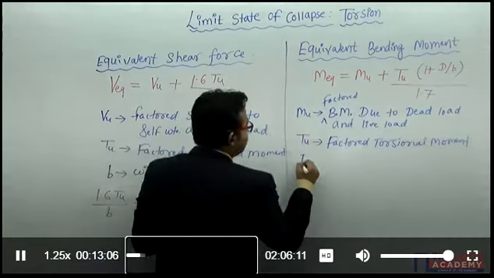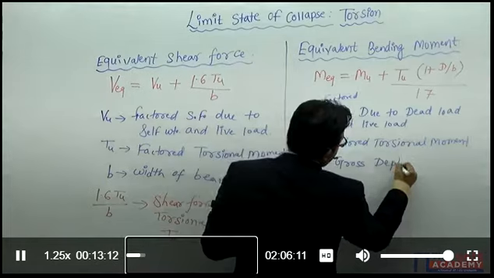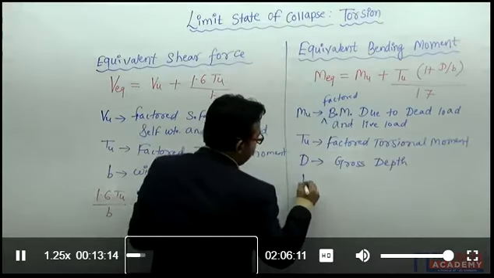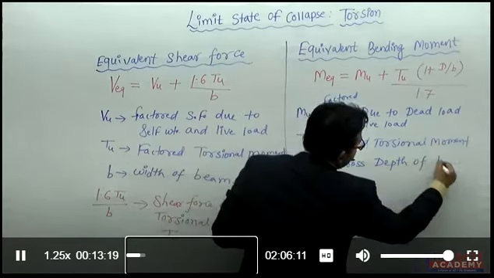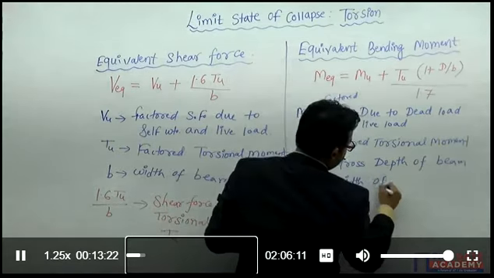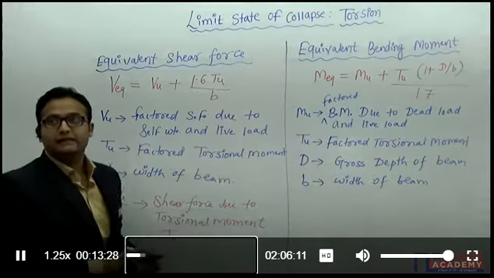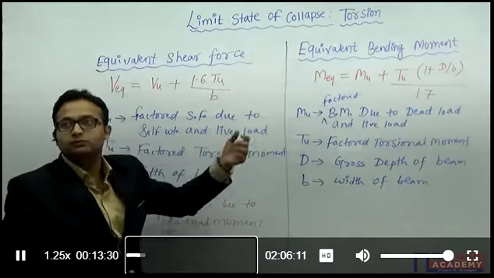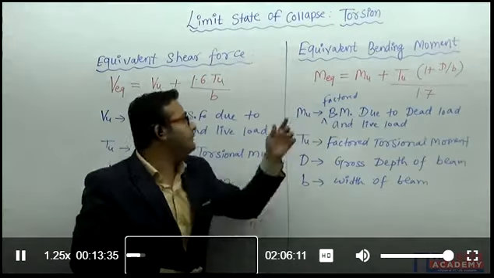And D is the gross depth. B is the same width of beam. So in this way, I can calculate the equivalent bending moment, MU equivalent.